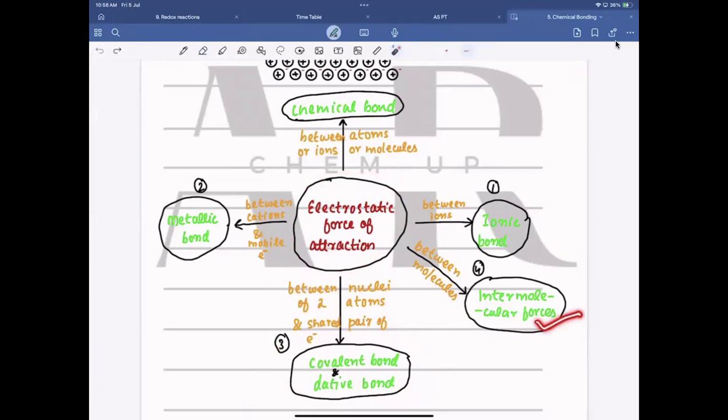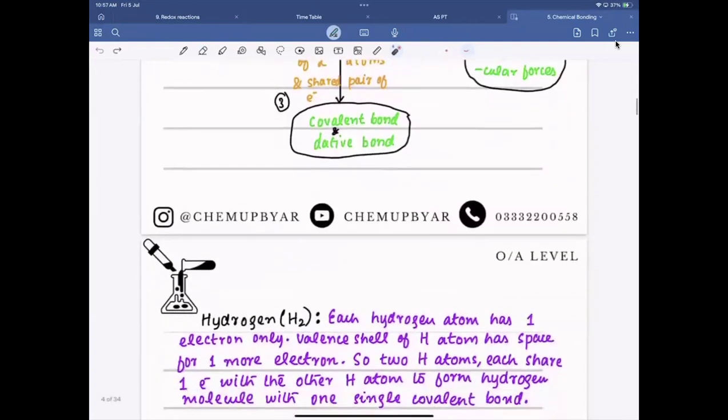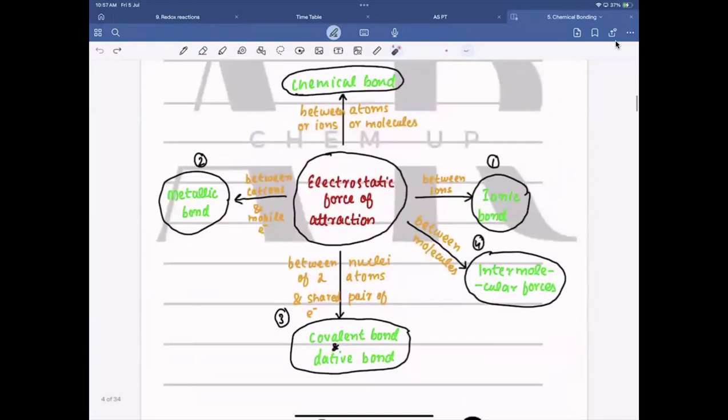If you have any query, any question regarding this, please ask. No, sir. Okay. Now, a covalent bond could be for more than 2 atoms, right?